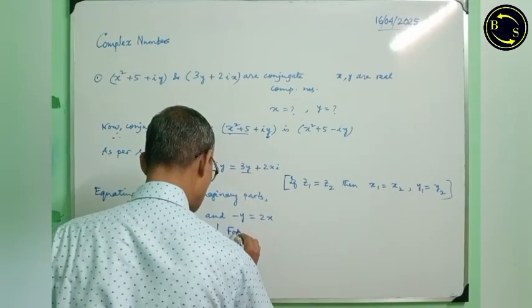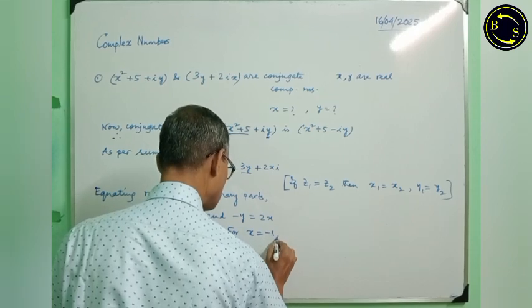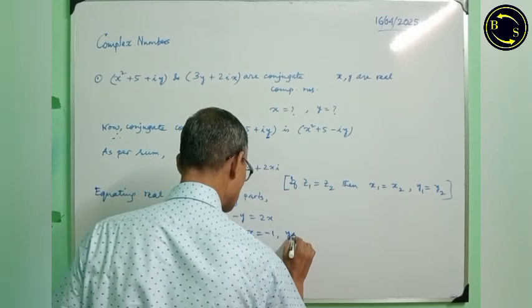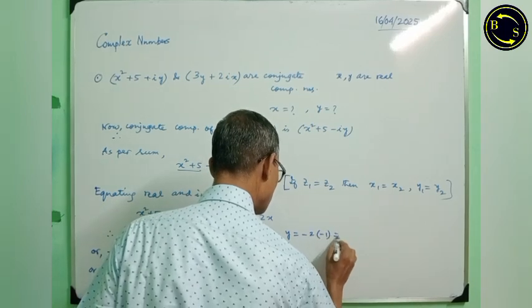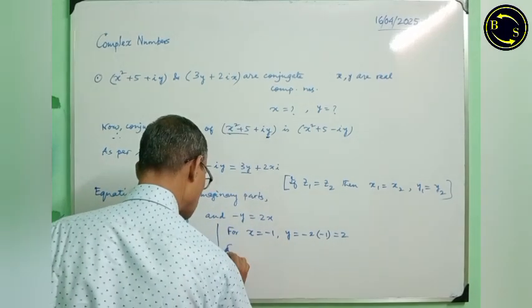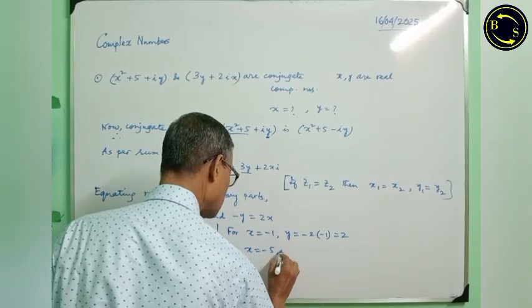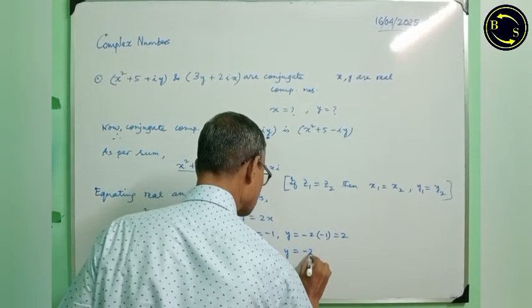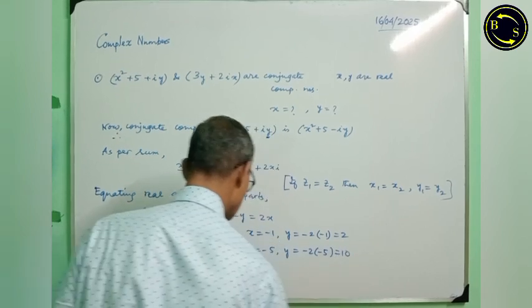For x equal to minus 1, y is equal to minus 2 times minus 1, that is 2, for x equal to minus 5, y equals minus 2 times minus 5, that is 10.